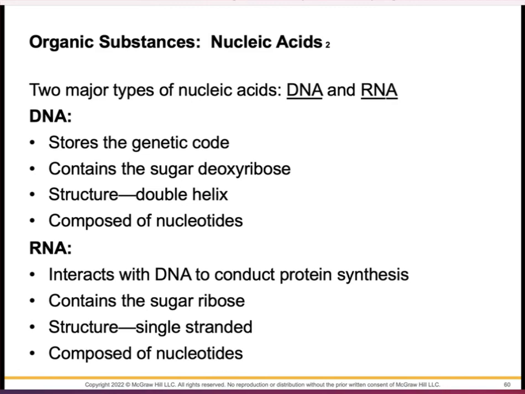Uracil is only found in RNA. You will not find it in DNA, while thymine is only found in DNA. So make sure you know which bases go with which. The structure of RNA is single-stranded, so you will not see it in the form of a double helix.